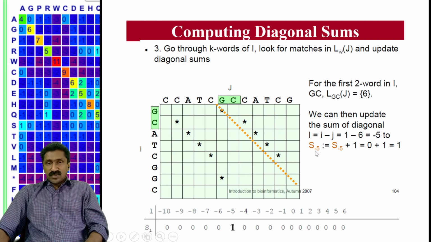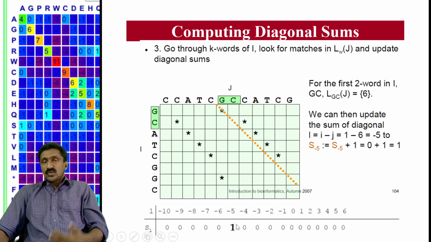So S minus 5 means this is the minus 5. So in the scale to the minus 5, because at the minus 5 position there is a match, that one needs to be added. So initially the value in the scale was 0. So to that 0, the match value 1 is added, and now the score has raised at minus 5 position, that is raised to 1.